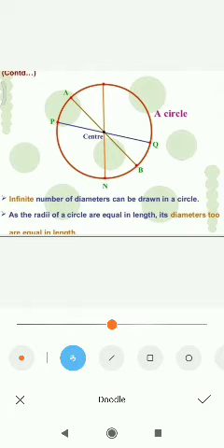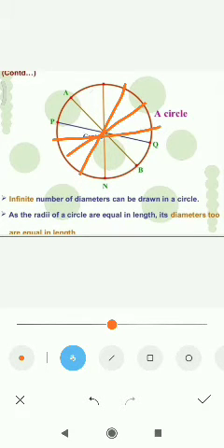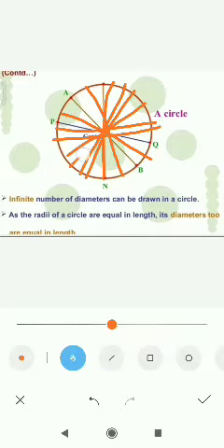As the radii of the circle are equal in length, its diameters too are equal in length. This is one diameter, this is another diameter, this is one more diameter. In the same way, too many diameters can be drawn.